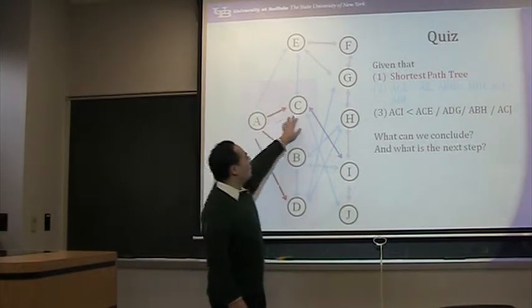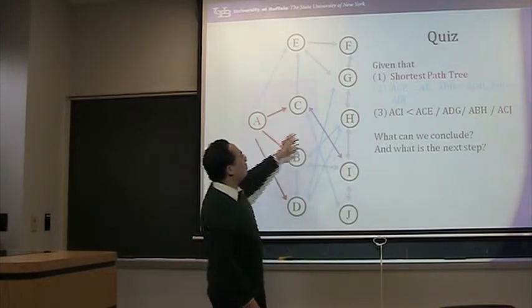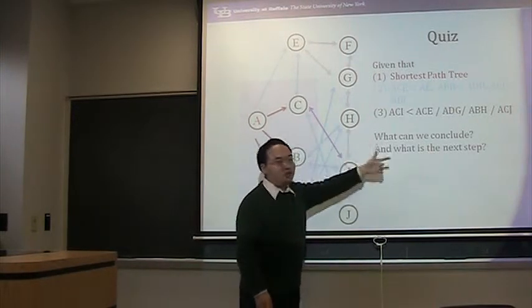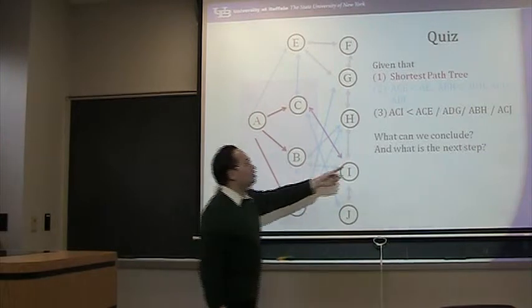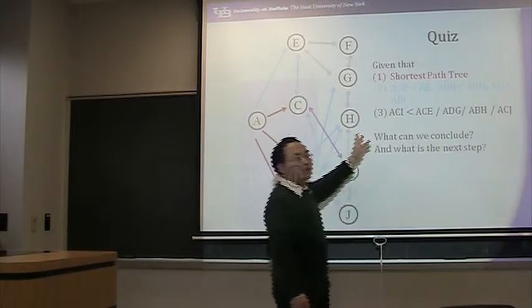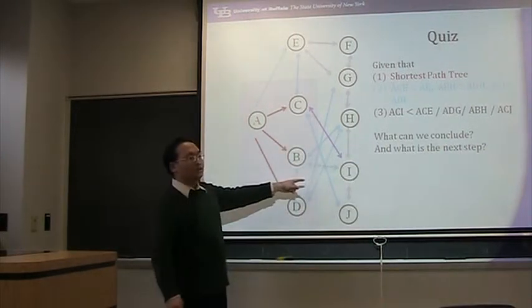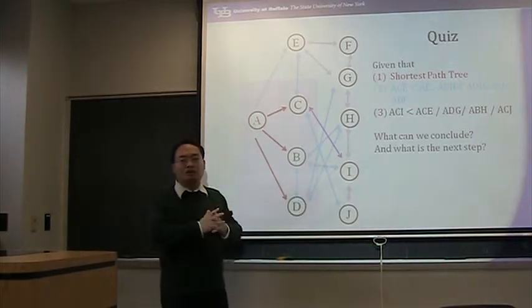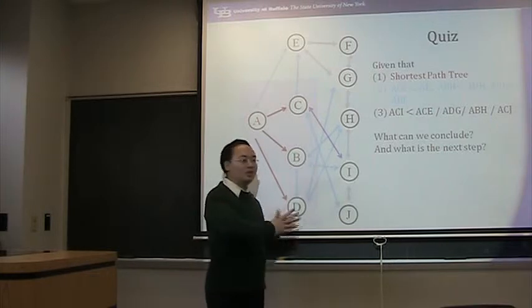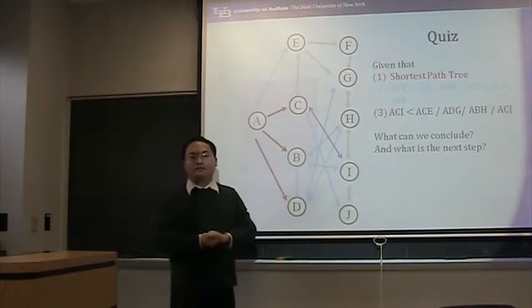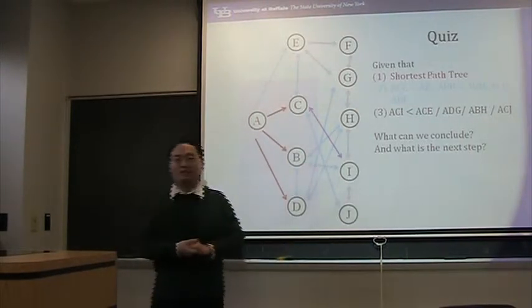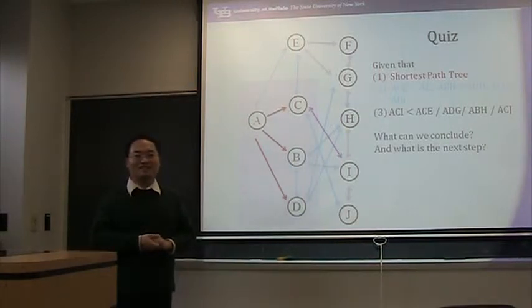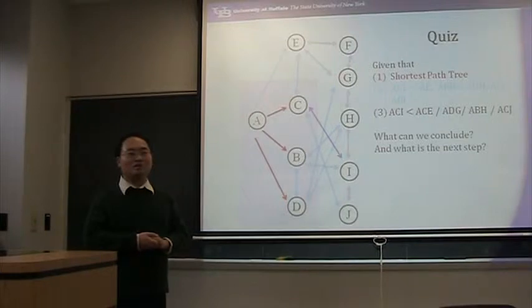So if you don't go through ACI, you have to go through ACE or ADG or ABH or ACJ, and these are already longer than ACI. So those paths can only be longer than ACI. Do you understand this? This is the most important thing I want to talk about today.